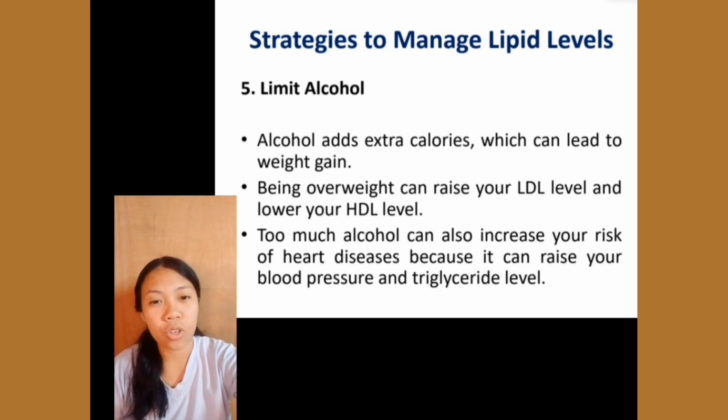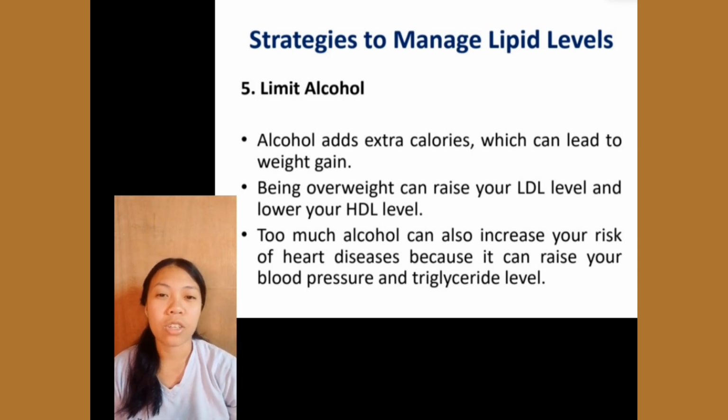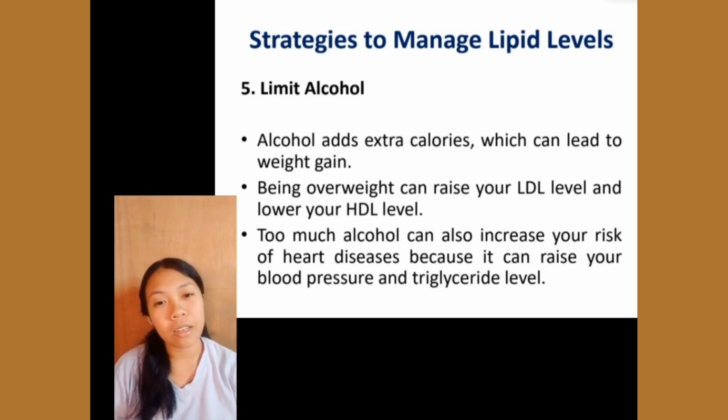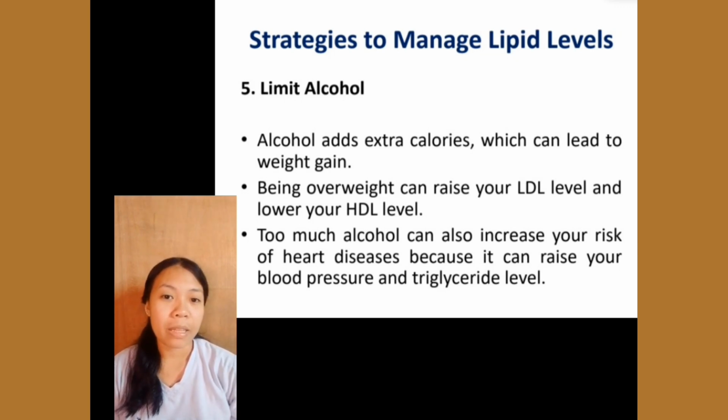So, if masobra ka sa alcohol, makahatag siya risk sa sakit sa kasing-kasing or risk sa heart diseases. Then kaya din niya ipataas ang ato ang blood pressure.